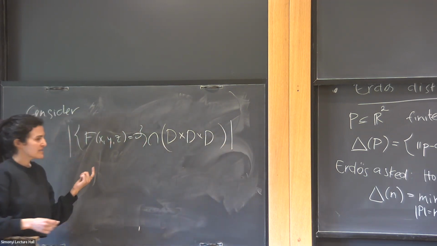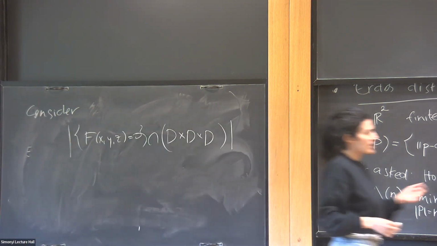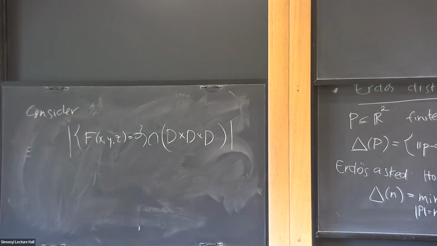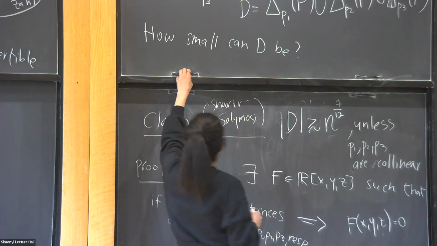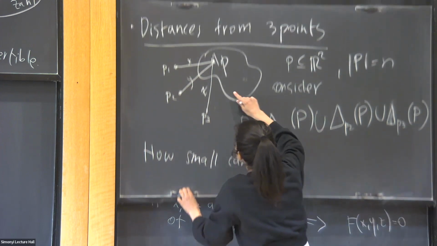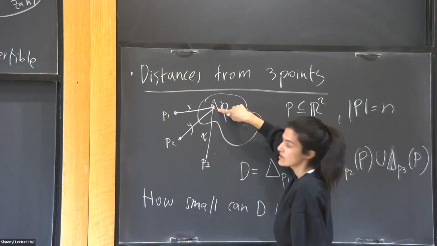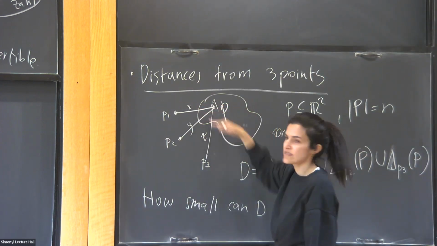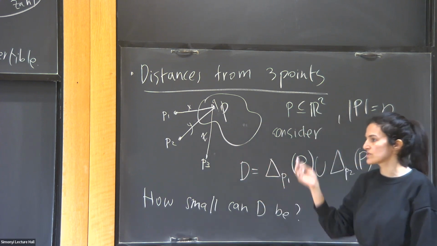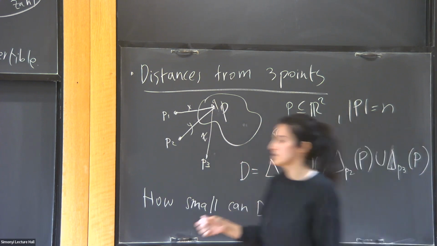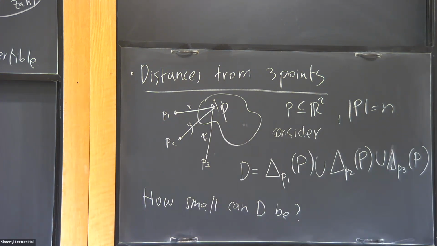On the one hand, I know that there are n points, right? N points here. And each point of P will produce a triple XYZ that zeros the polynomial F. So I know that the intersection is of size at least n.